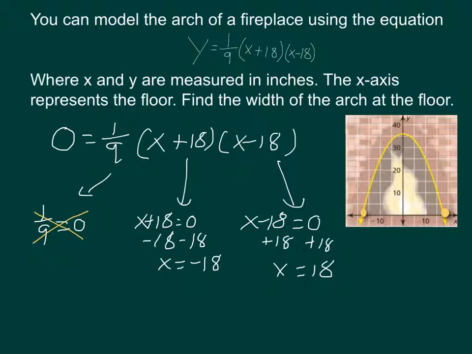So the question is, do I use both of these, or do I just take the positive one? Well, in reality, they're both the solutions. x equals 18, positive 18, corresponds to this point right here on the positive x-axis. x equals negative 18 corresponds to this point over here on the negative x-axis.